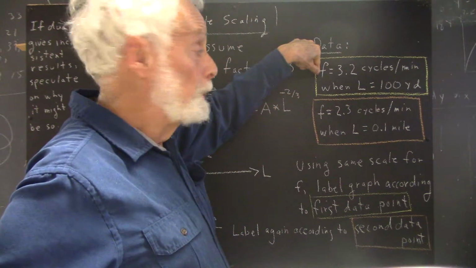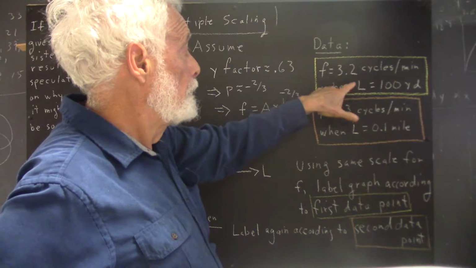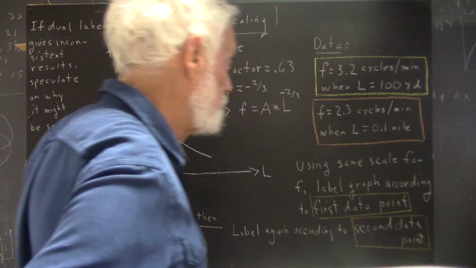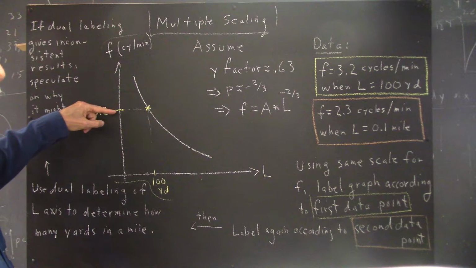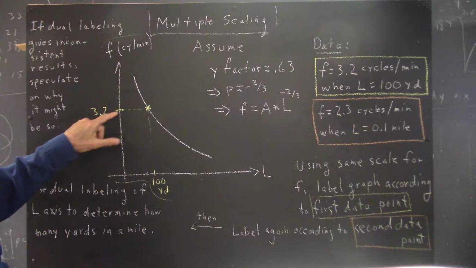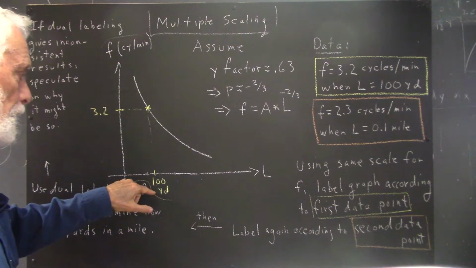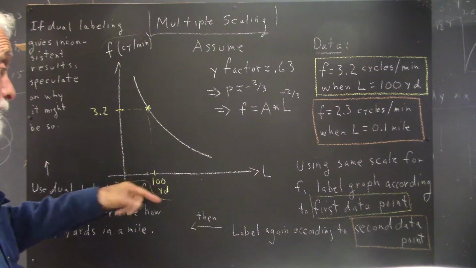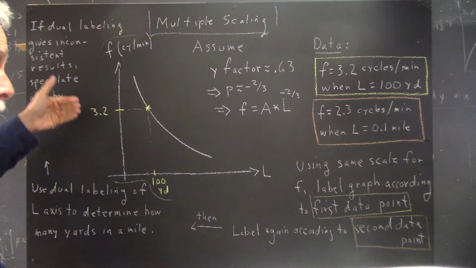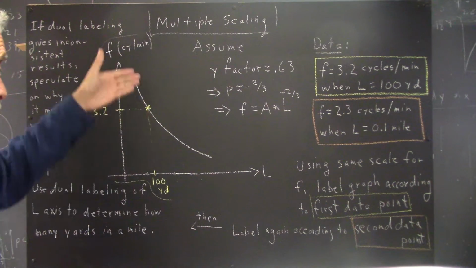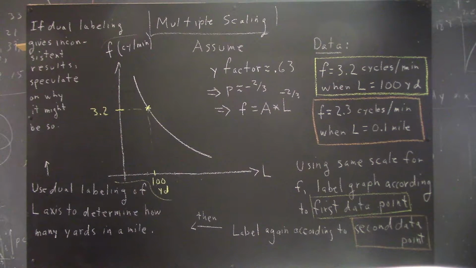This first data point indicates frequency 3.2 cycles per minute, length 100 yards. So how would we label the graph? Well, let's find 3.2 cycles per minute on this axis, mark a point, and there's our 100 yards. That's pretty straightforward. Or we could mark the point first and then project over here to get our 3.2 cycles per minute and project down to get our 100 yards.